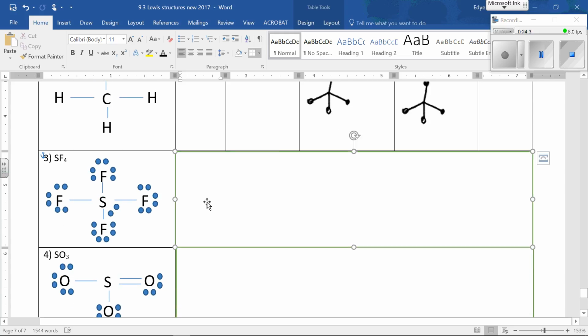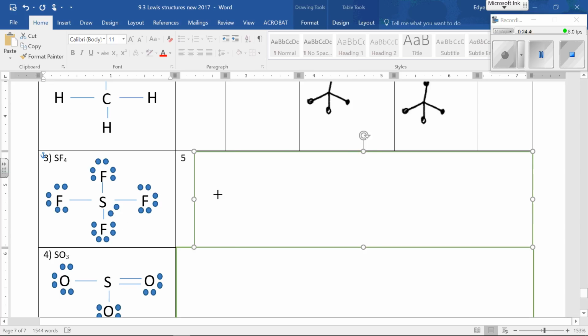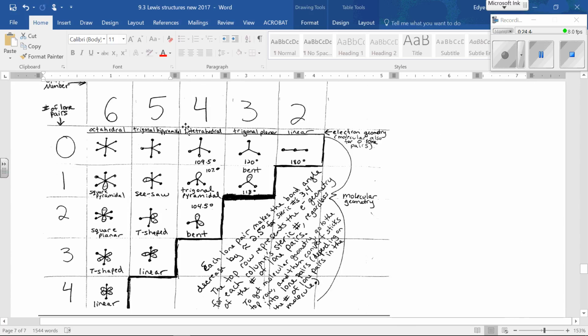Okay, SF4, there's 4 atoms bonded to sulfur and 1 lone pair, so steric number is 5. 1, 2, 3, 4, 5, and 1 lone pair, 5, 1. You look this up in the chart. Steric number 5, electron geometry is here, trigonal bipyramidal. 1 lone pair, seesaw.